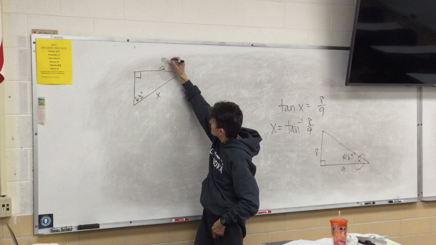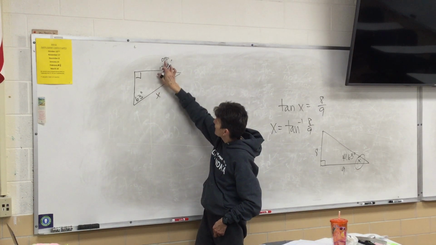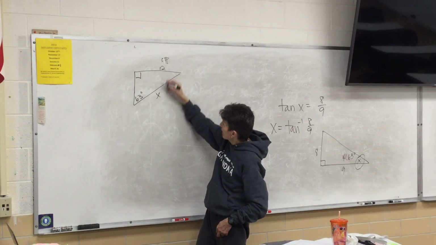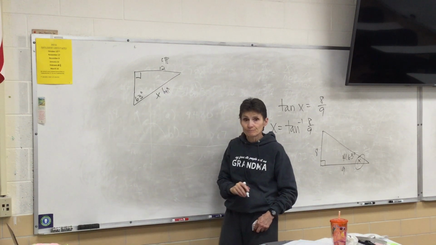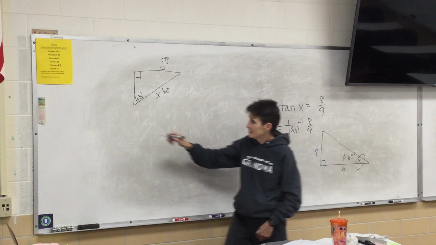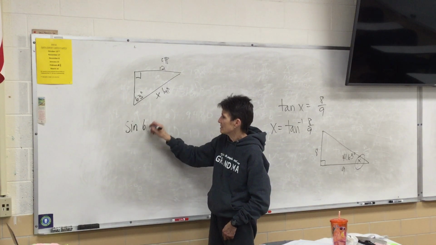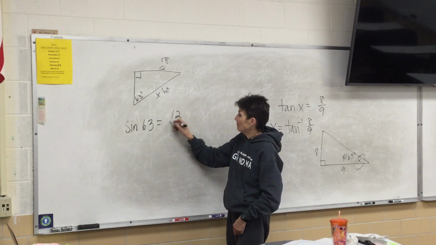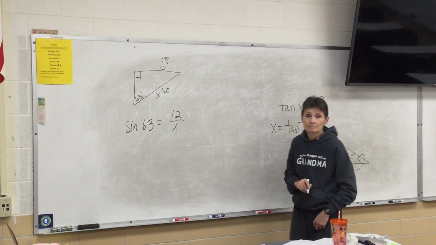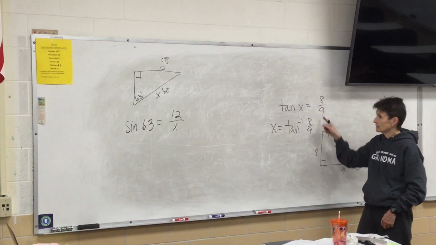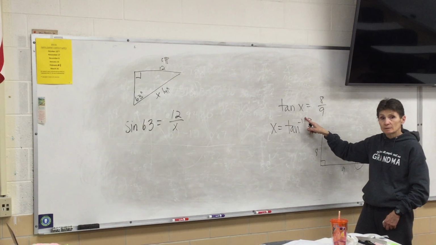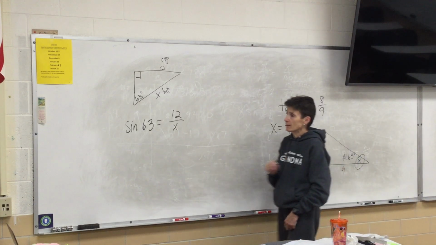This is the opposite. For this angle, this is the opposite side and this is the hypotenuse. So we're going to say sine 63 equals opposite over hypotenuse. See, that equation is different than this one. I don't need to unhook this.